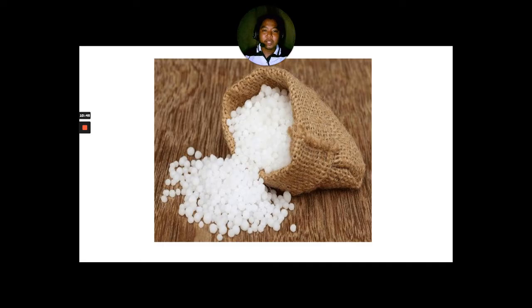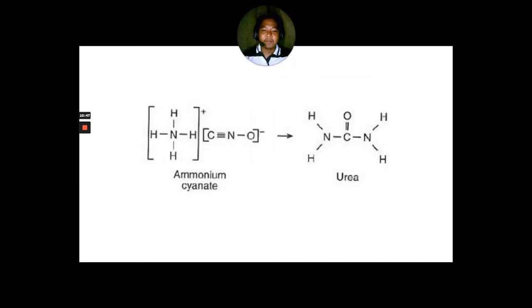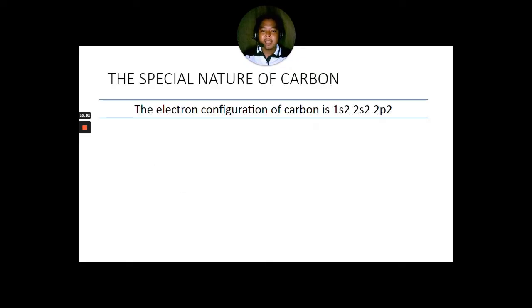And this gave birth to organic chemistry. Later on in our discussion, we will discuss this process. But because of this, organic chemistry was born because of Frederick Wohler. And then they further studied the special nature of carbon. And because of their study, I'll be summarizing the special nature of carbon for you. The first characteristic of carbon, why it is so special, is that its electron configuration is 1s2, 2s2, and 2p2.